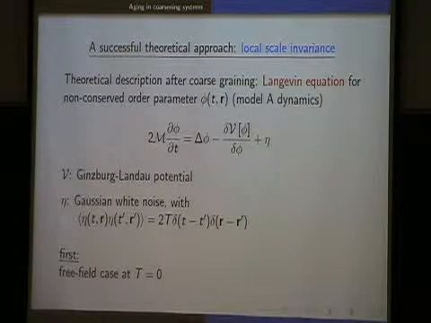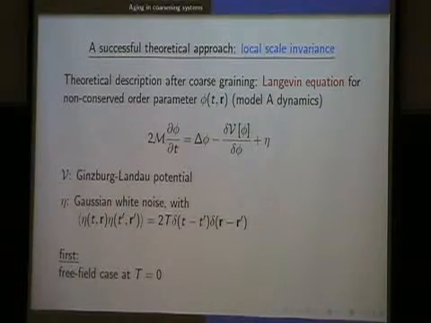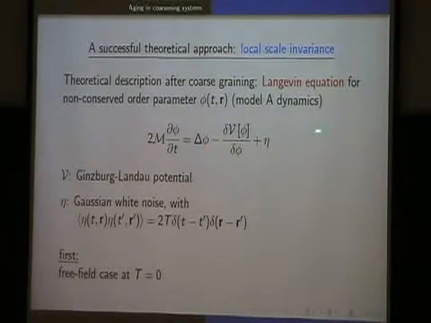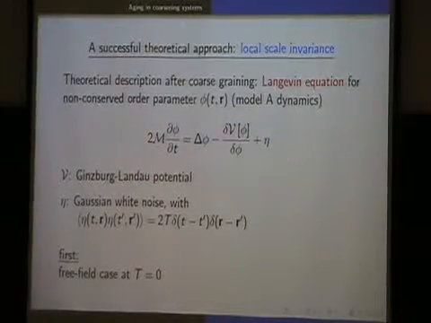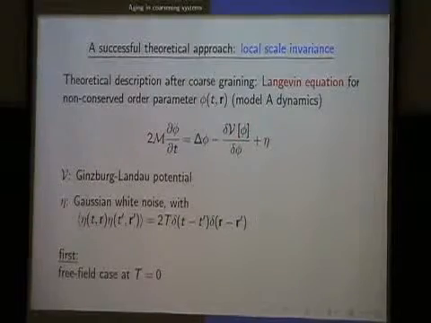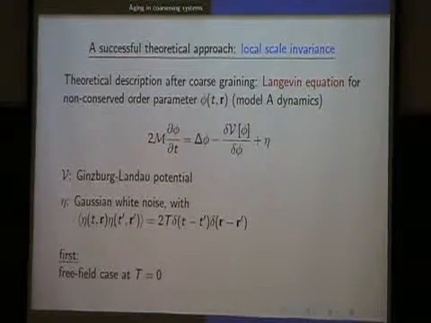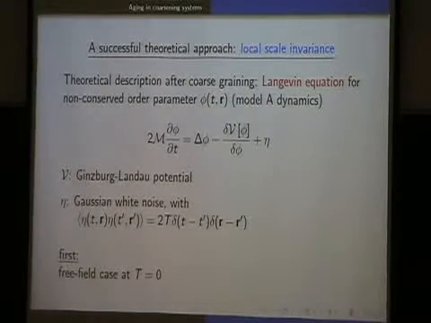The starting point is non-quadratic, and we heard this in many classes, for example Nicholas's class. We have a non-linear equation for a non-conserved order parameter. This is model A dynamics. So we have this kind of equation here. This is the noise. We assume Gaussian white noise, and V is the Ginzburg-Landau potential. So this is the standard description of this kind of system.